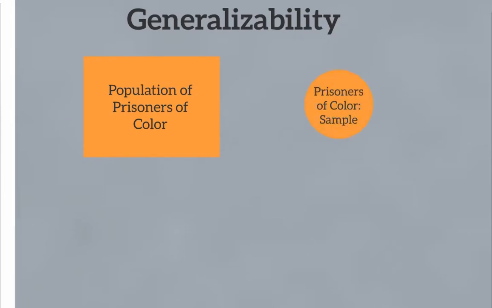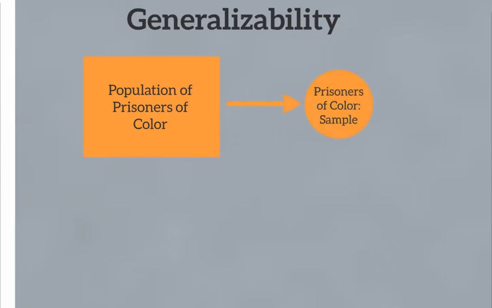And so let's just talk about generalizability for a bit. So what we're doing here is we're taking a population of prisoners of color. And so this is an experiment done in school, so this is not as naturalistic as could potentially be done. But what we're doing is we're taking a population of prisoners of color, for example, and we're taking a sample of them.